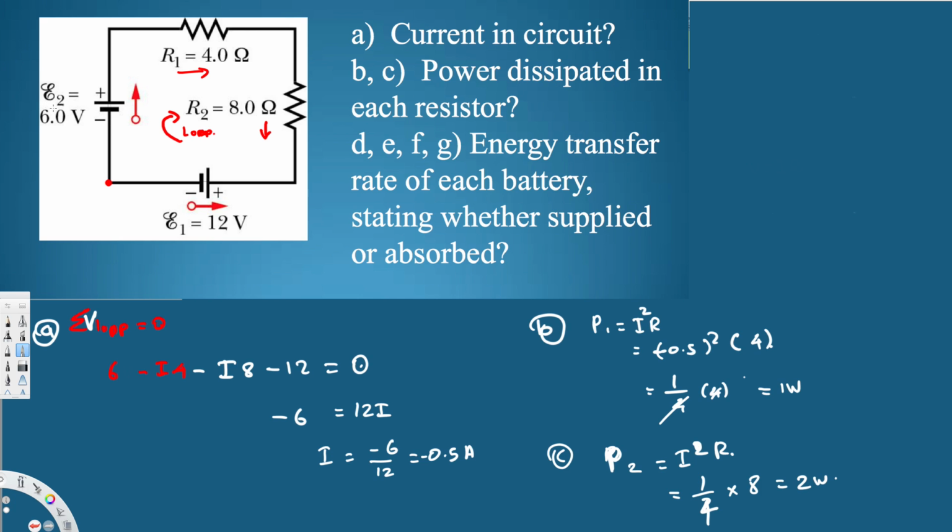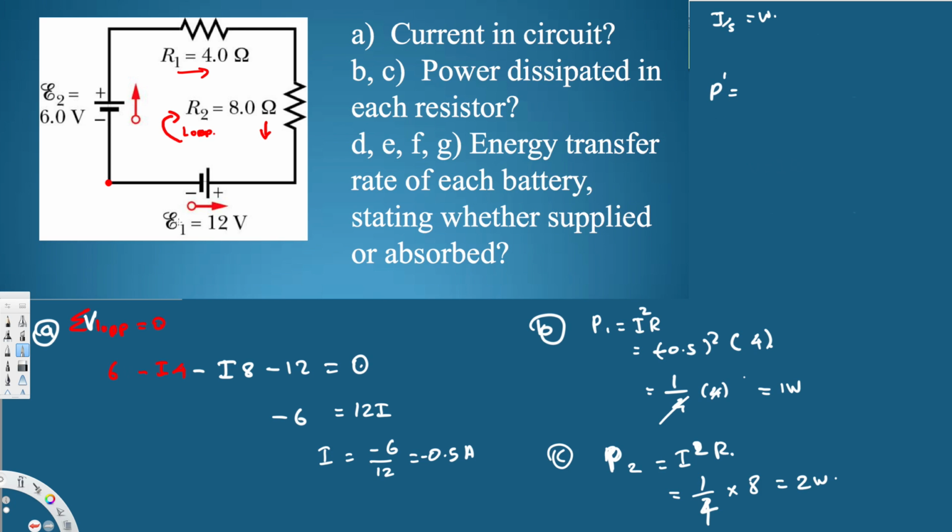First, let's calculate for EMF1, that's 12 volts. Energy transfer rate means power, energy per second, joules per second, which is equal to watts. So the question is asking for the power in each battery. Let's apply this for EMF1.